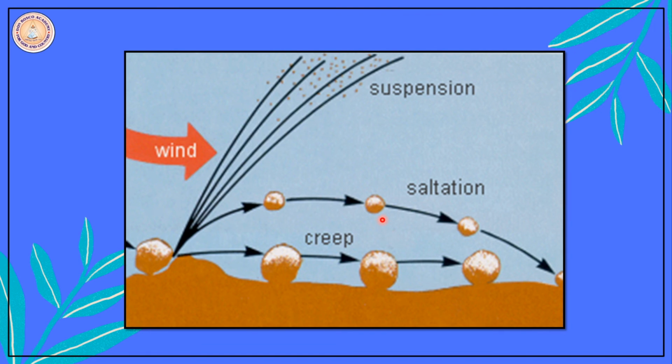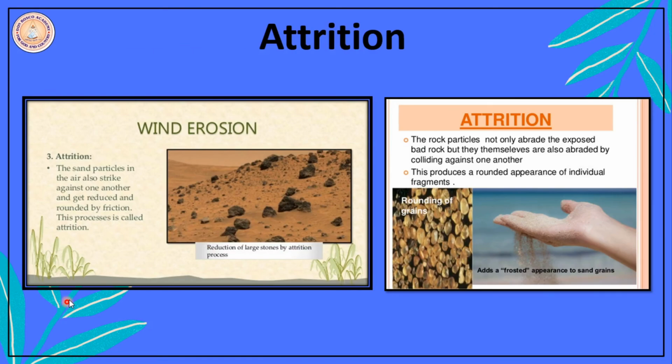They are reduced in their sizes and become smaller and smaller. You can see over here how the grains or the rocks begin to become rounded and smaller in size.